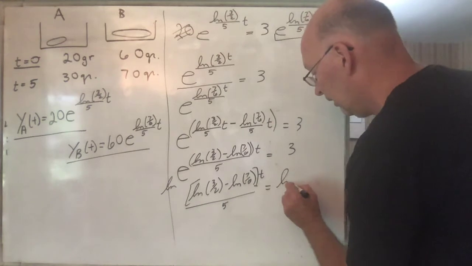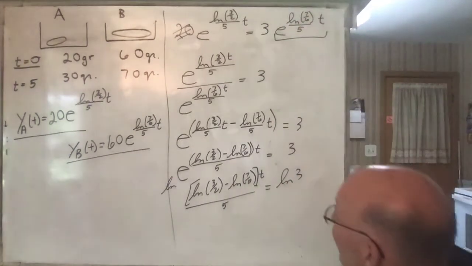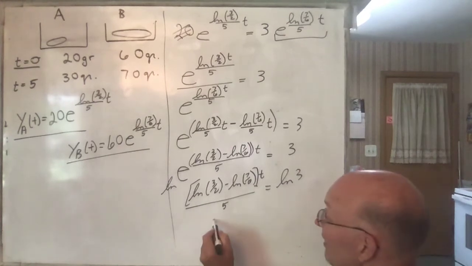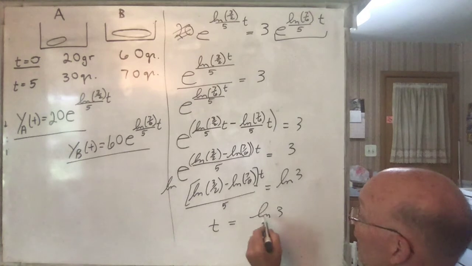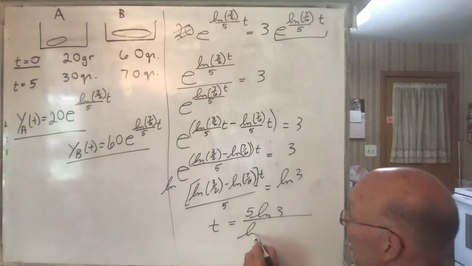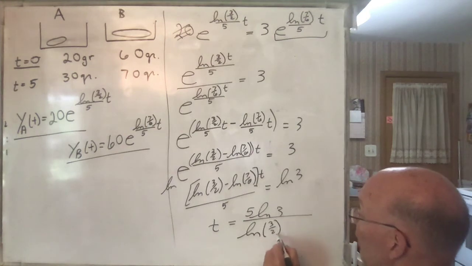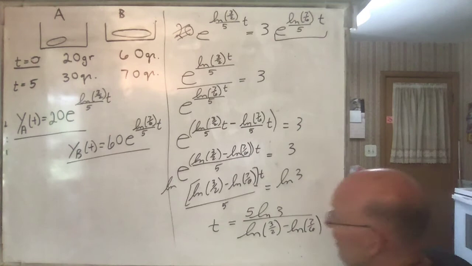And here's going to be the ln of 3. And then finally, here's my final answer. I'm going to get t is equal to the ln of 3 times 5, all divided by the ln of 3/2 minus the ln of 7/6.